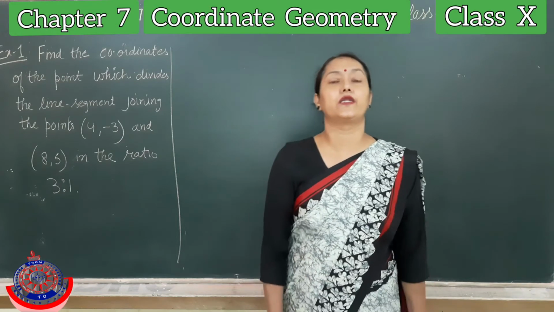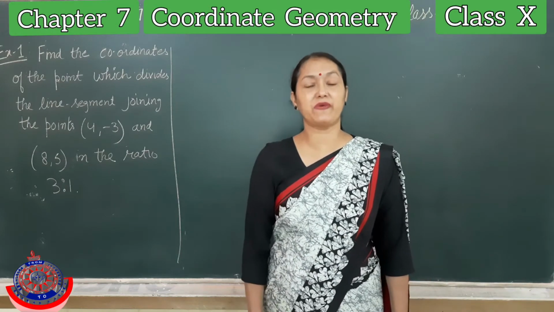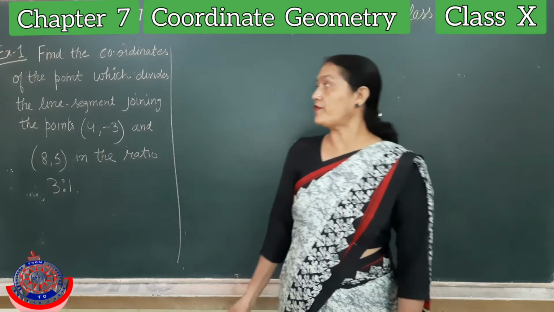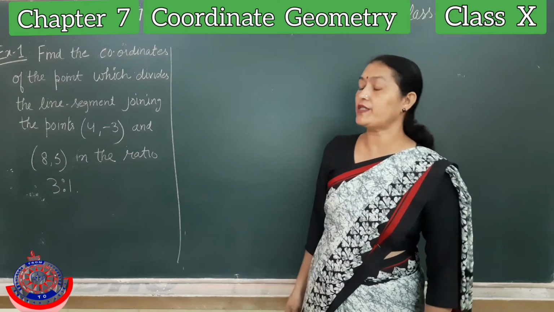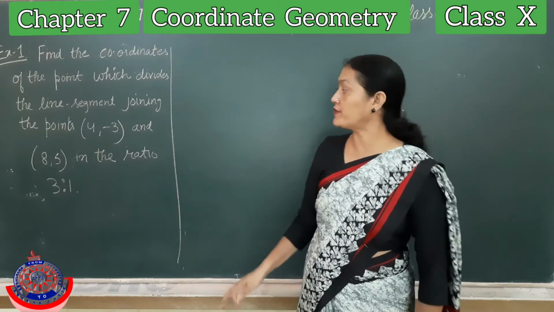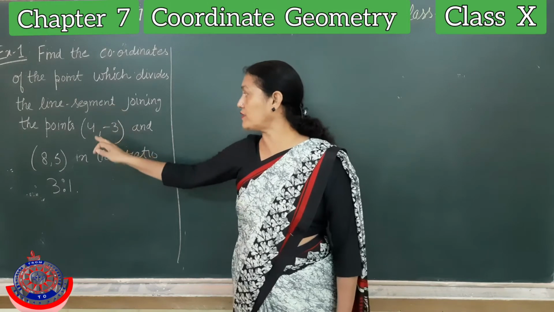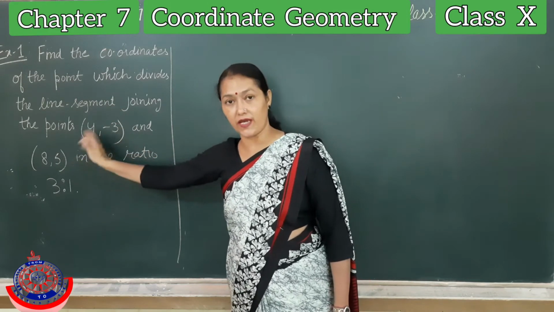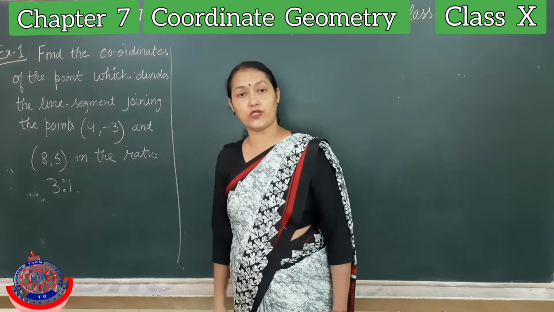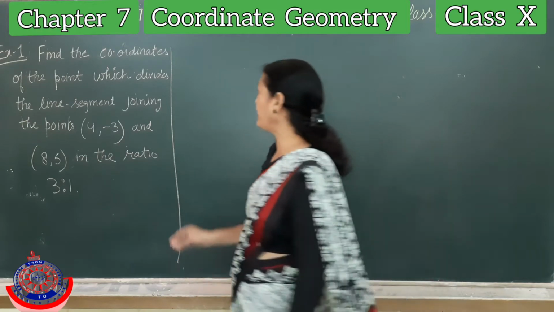Now let us do some examples based on section formula. First question: they are asking to find the coordinates of a point which divides the line segment joining these 2 points A and B in the ratio 3:1. So what is given?